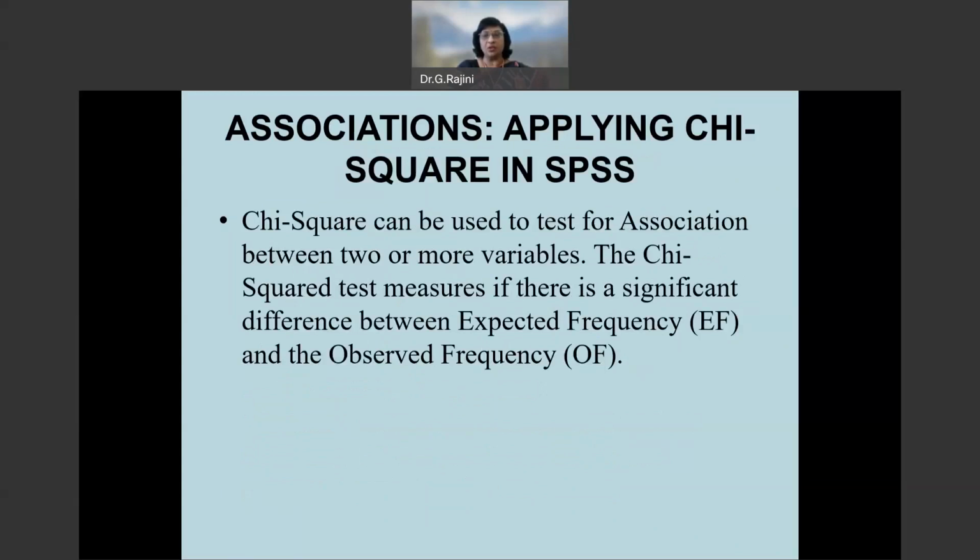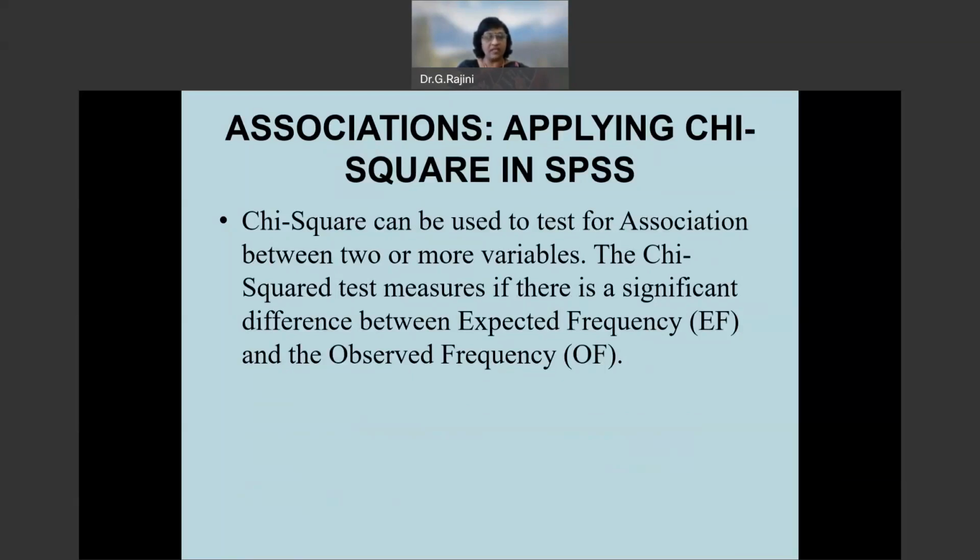Testing association is done by applying chi-square. Chi-square can be used to test for association between two or more variables. The chi-square test measures whether there is a significant difference between the expected frequency and the observed frequency.